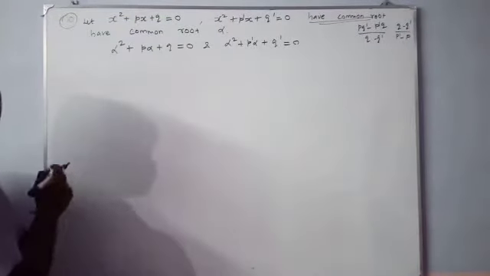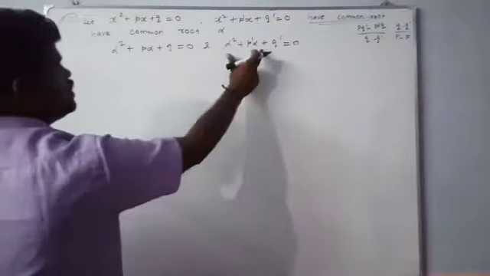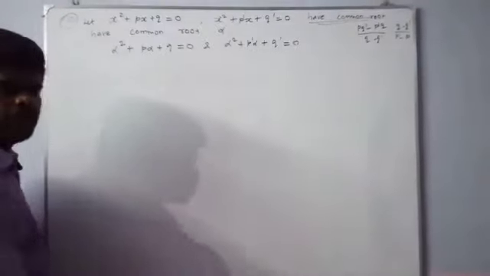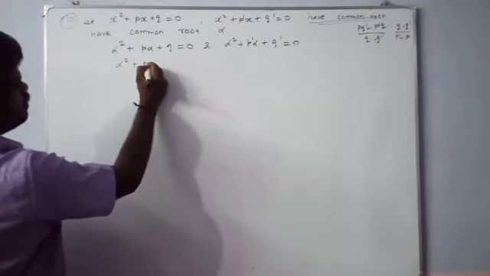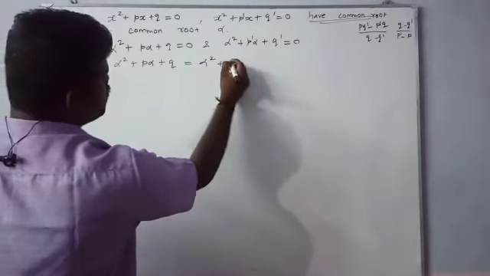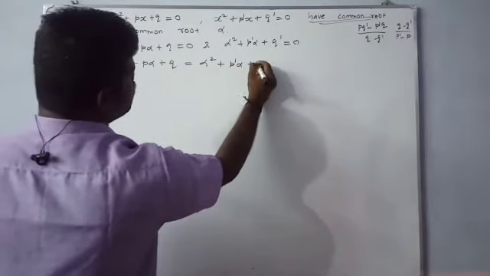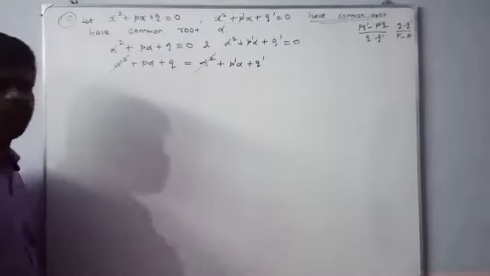Right. Now both sides equal to 0, so these equations must be equal. Alpha square plus p alpha plus q equal to alpha square plus p dash alpha plus q dash. Now cancel these two values.